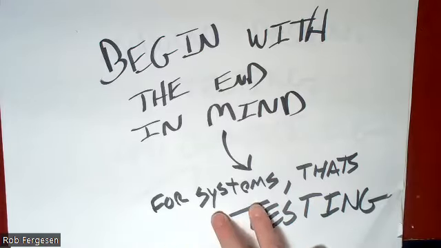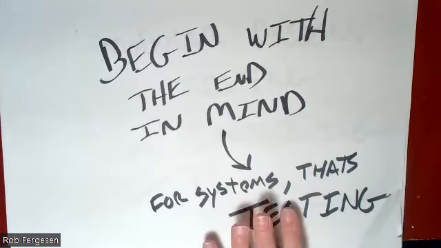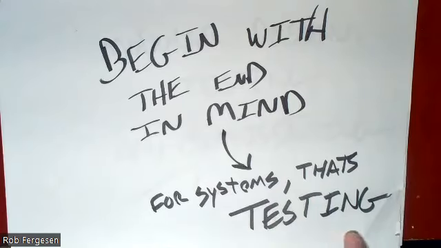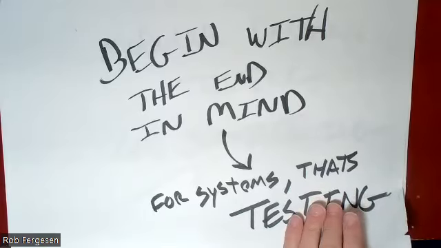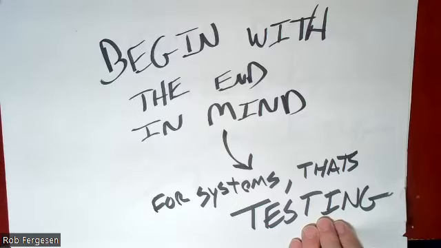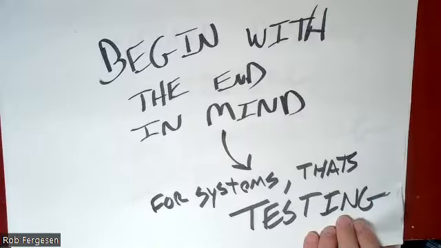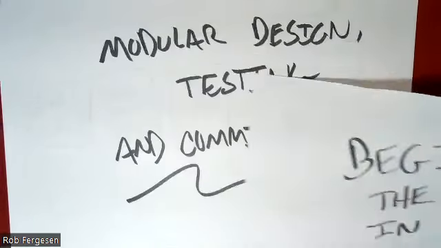For systems, right? And everything that you're going to be testing. So for systems, the end is your testing and commissioning and handoff to your customer. But the testing is really where the rubber meets the road. You'll know whether it all works when you test it. So the end in mind that we're going to focus on is the testing.